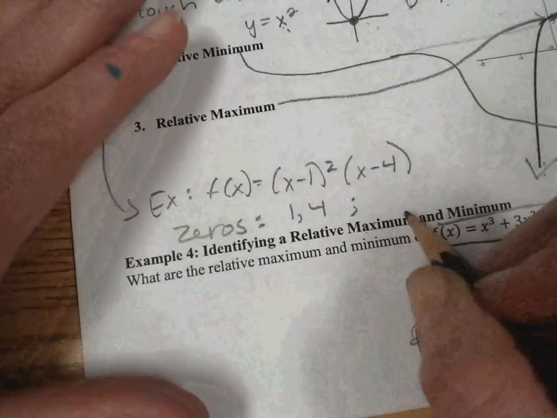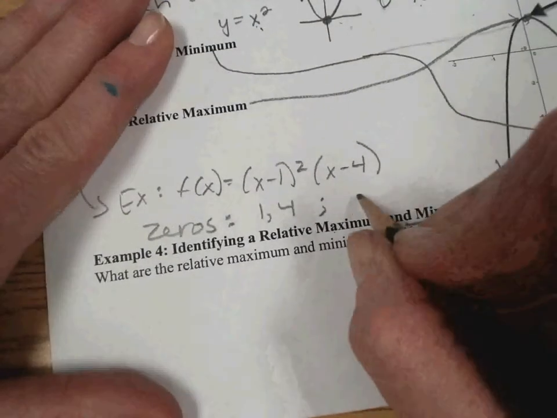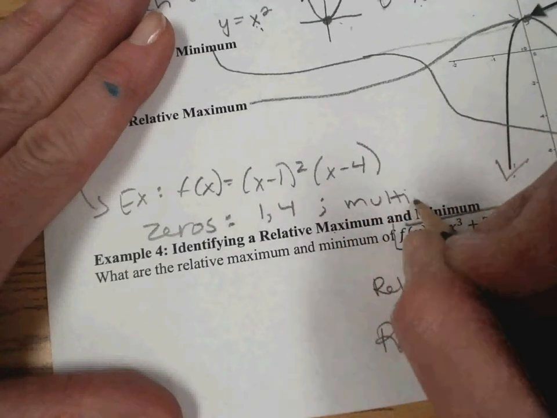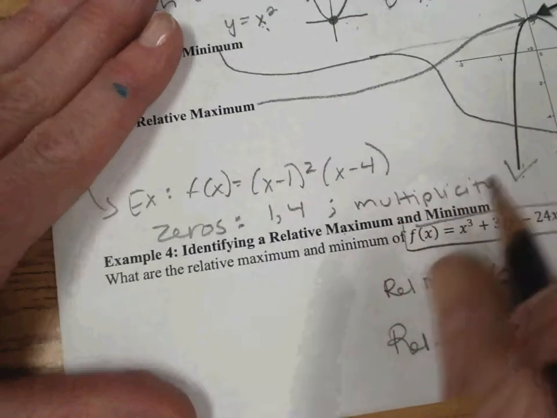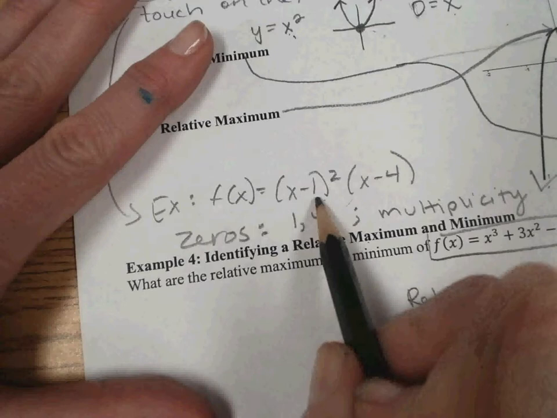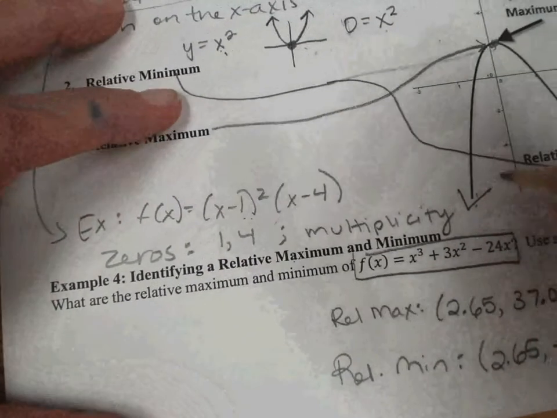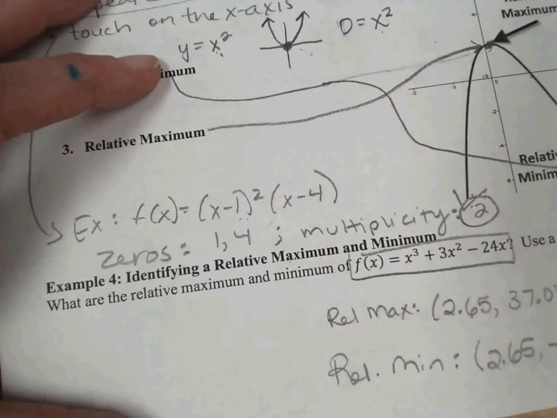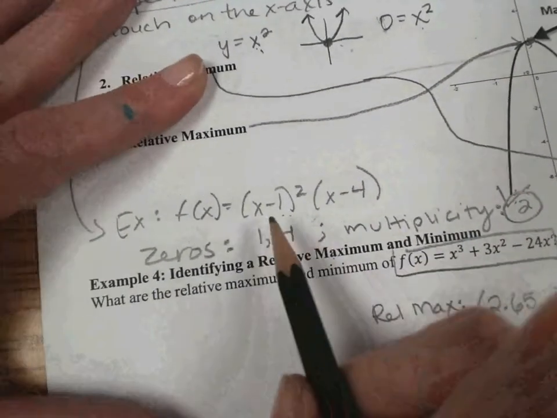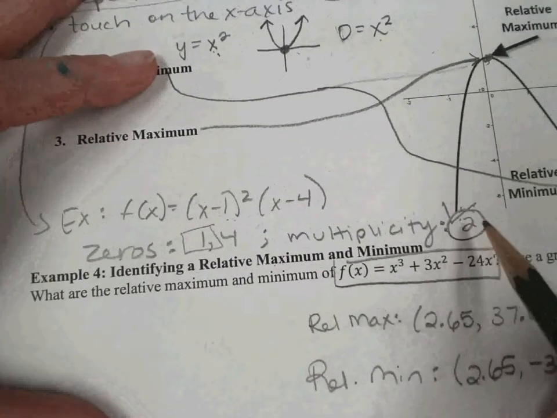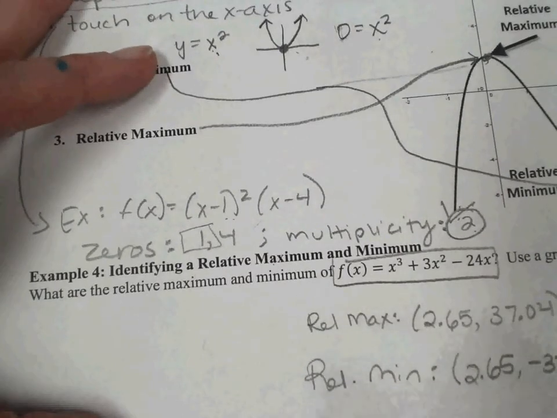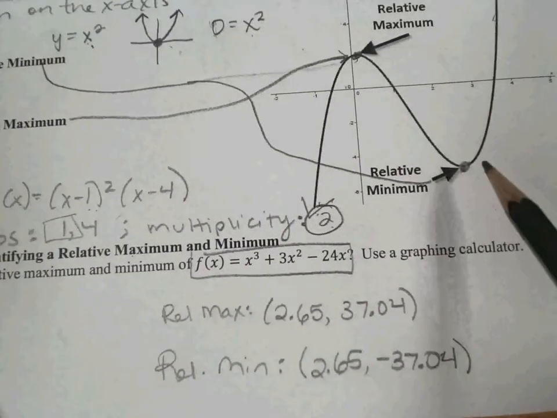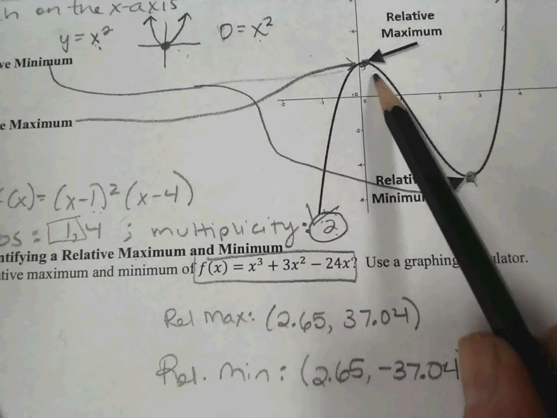Our zeros would be 1 and 4, and the multiplicity, so we have a repeat here. We have the x minus 1, the 1 solution occurs twice, so that's where we write our 2. The multiplicity for that 0 is 2, and that's how you would write that.